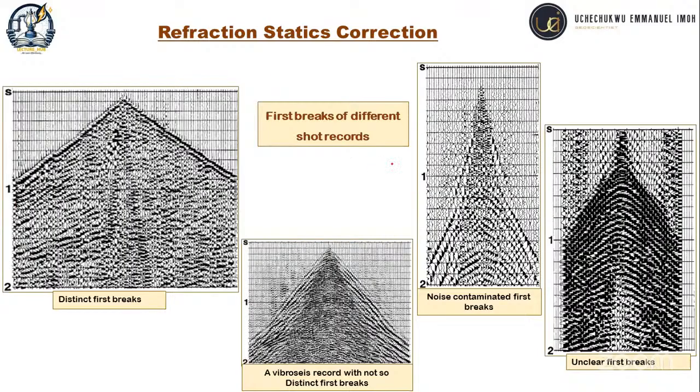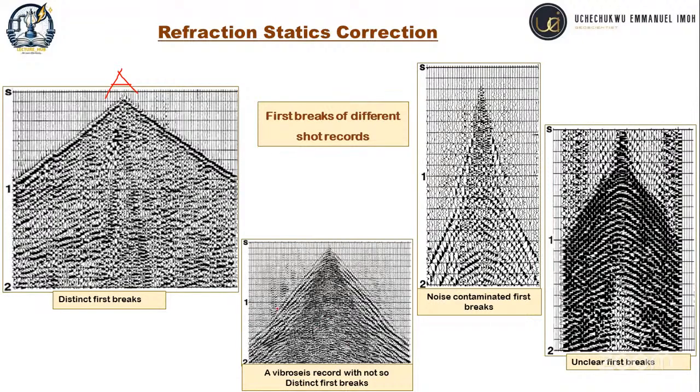So the first breaks are like this, okay? For a good first break, you have this one I labeled A. The other ones are first breaks that are not of very good quality. If you try to do auto pick on them, where the quality is not too good, after picking it you see a lot of errors, so you have to go through to correct them.